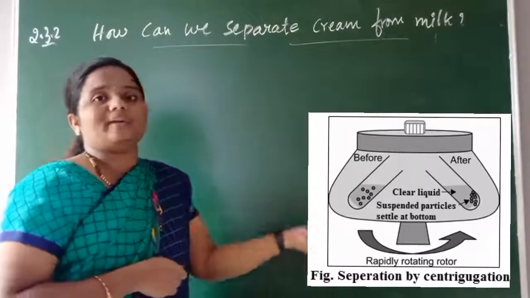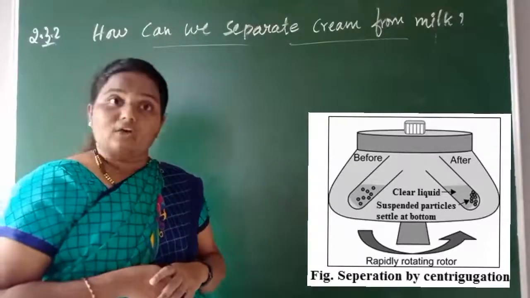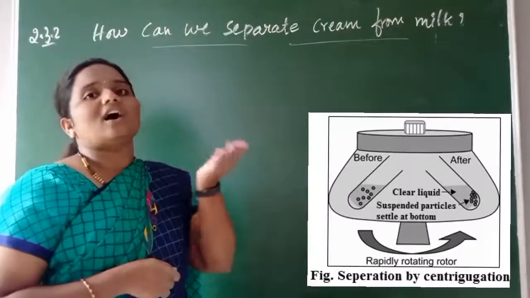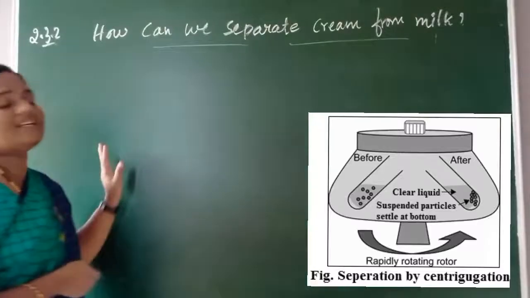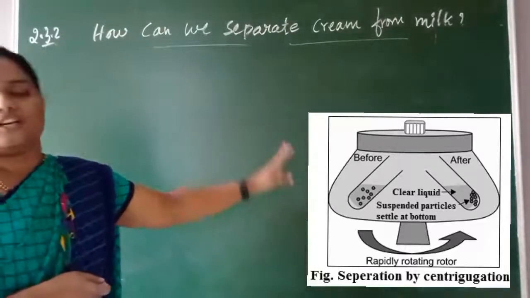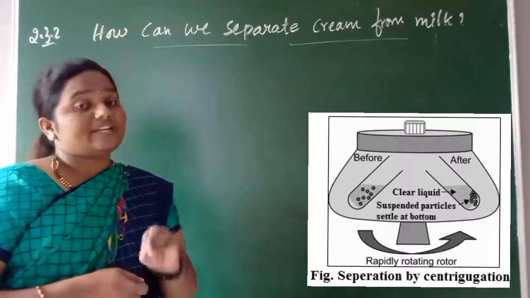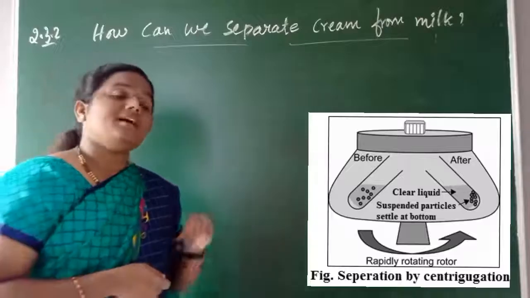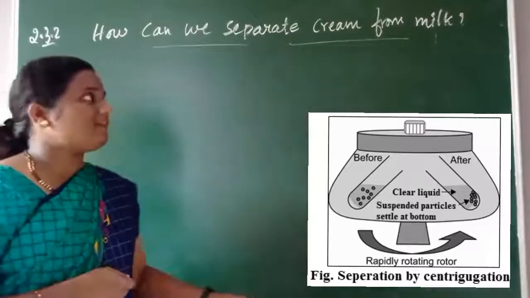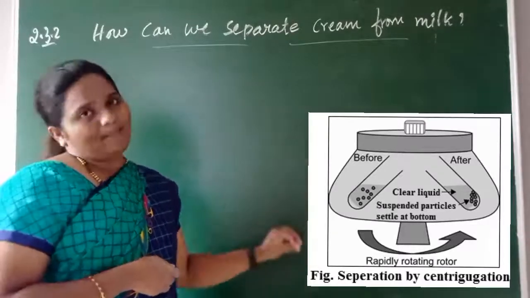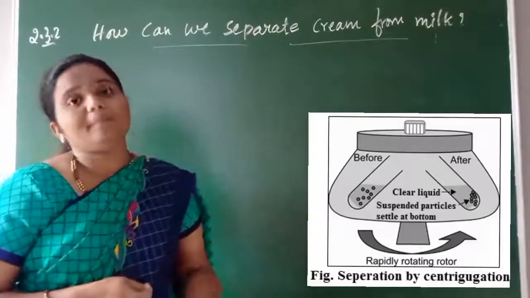The denser particles are going to settle down, whereas the light particles are going to float, staying at the top of the mixture. The same thing happens in the centrifugation process. So what is the meaning of centrifugation, children? Centrifugation is a method where solid particles can be separated from the liquid by spinning it rapidly, either using a milk churner or a centrifuging machine.